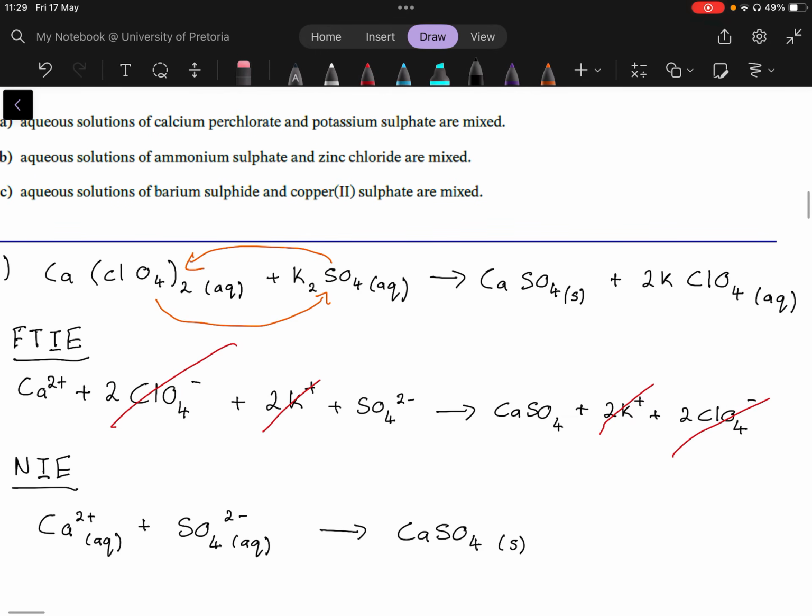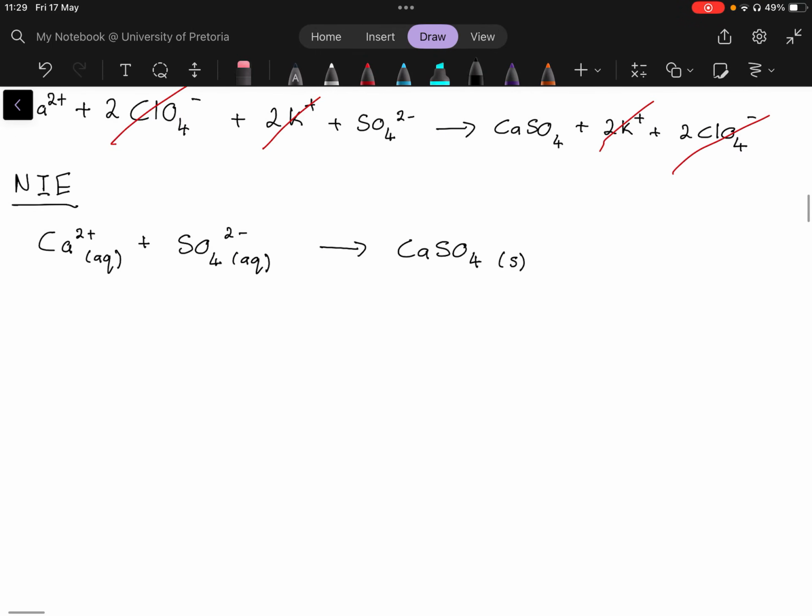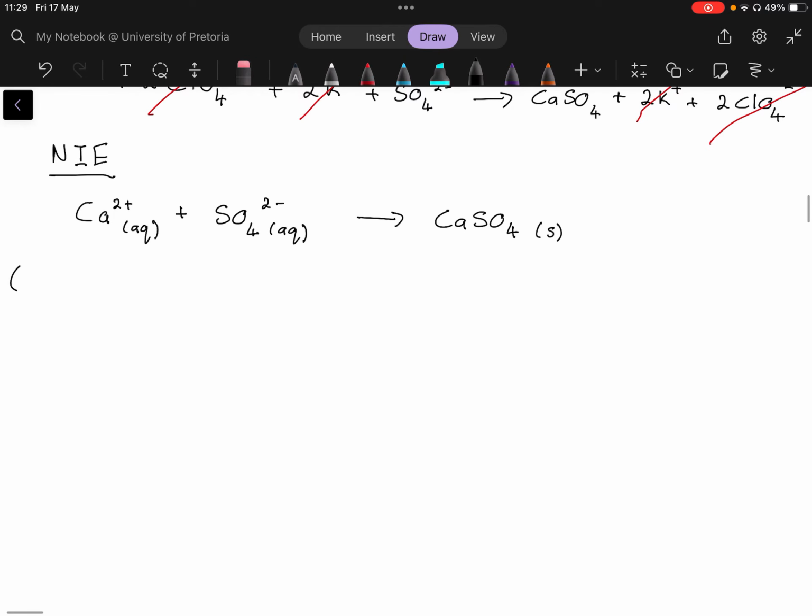The second one says ammonium sulfate and zinc chloride, so B. This is ammonium, NH4, sulfate, and sulfate is 2-, so we need 2 NH4+, and it's an aqueous solution, so it's definitely aqueous, plus zinc chloride.